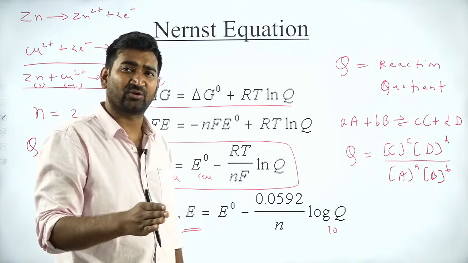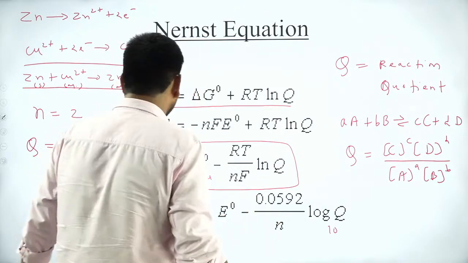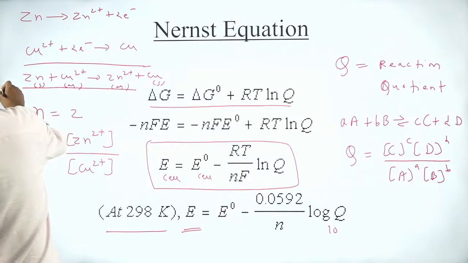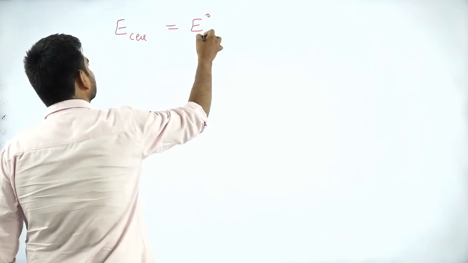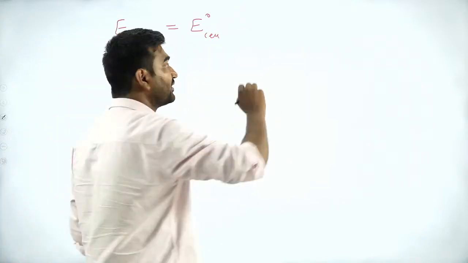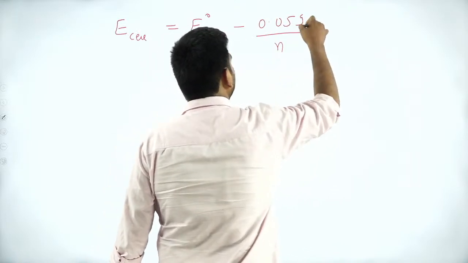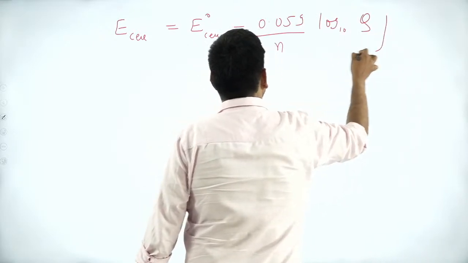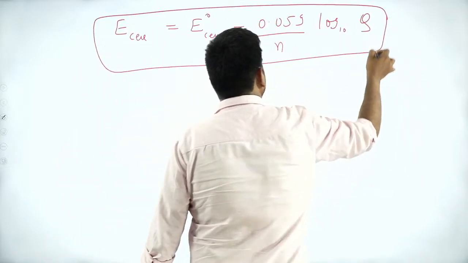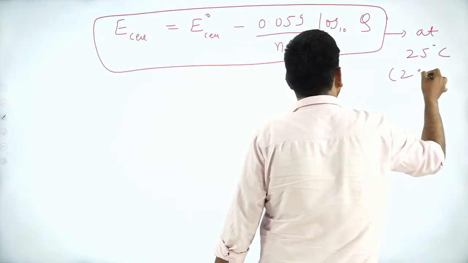So if the temperature is mentioned as 25 degrees Celsius, directly we will do 0.059 upon n log Q. Which means you should remember this formula directly. For any cell, E cell will be equal to E naught of the cell, the standard EMF which we calculate first of all, minus 0.059 upon n, 0.0591 also sometimes it is used, log base 10 Q. This is the basic formula, but at what condition? This is only at 25 degrees Celsius, 298 Kelvin.